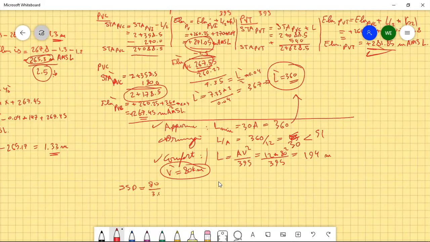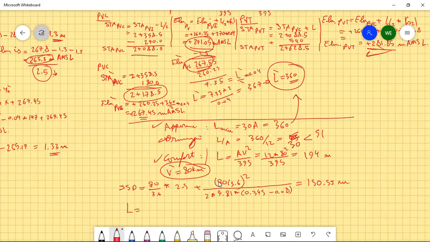So we have 80 divided by 3.6 multiply 2.5 plus 80 divided by 3.6 squared divided by 2 multiply 9.81 multiply 0.345 minus 0.08. So this is going to be 150.53 meters.